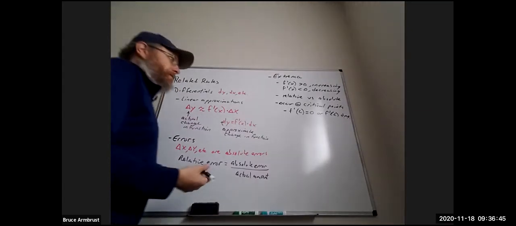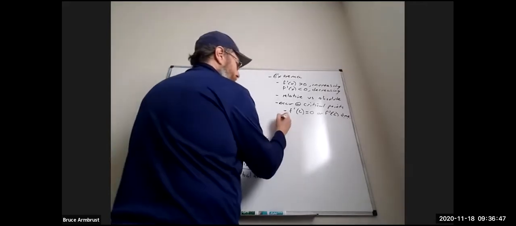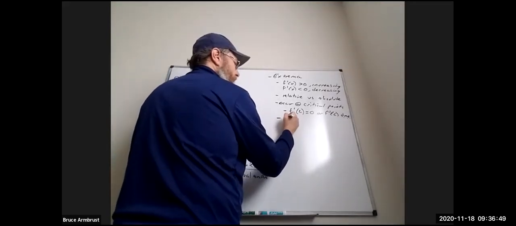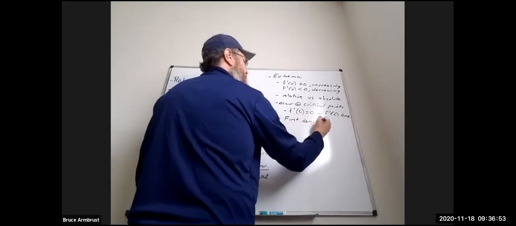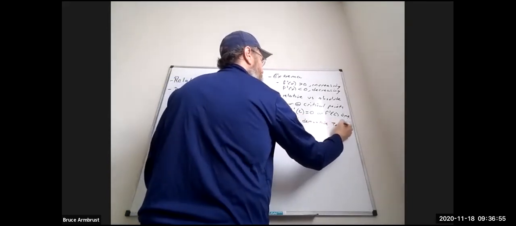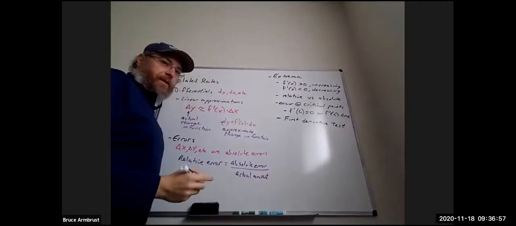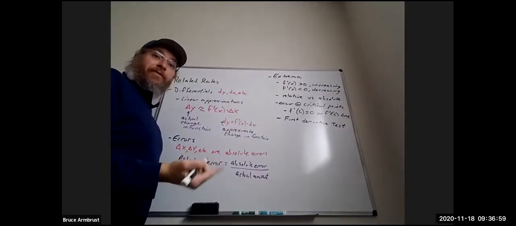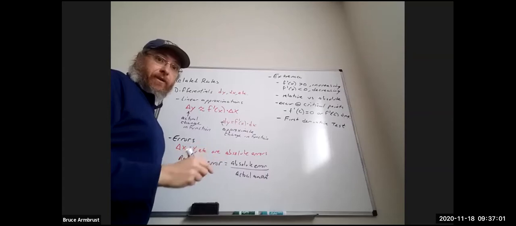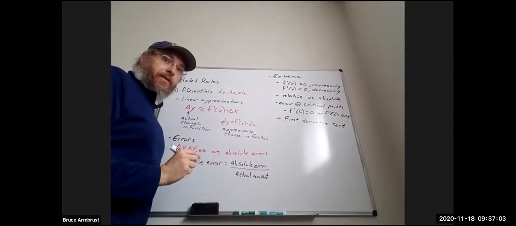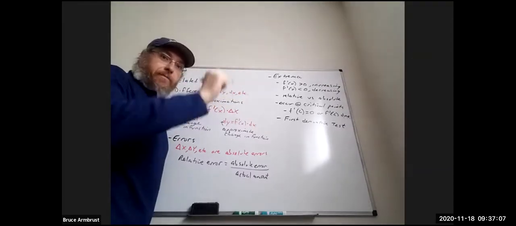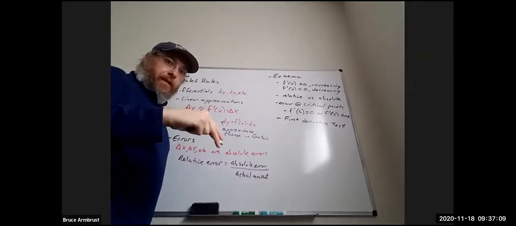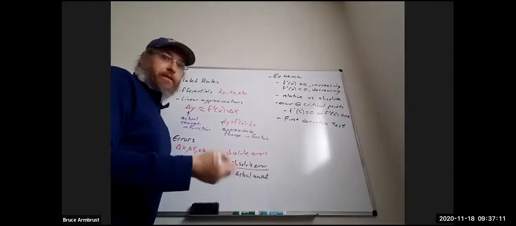And in terms of testing them, I'm just going to remind you that there's the first derivative test. That basically is just, does the derivative change from positive to negative or negative to positive? That's how you can tell if it's a max or min. If it goes from increasing to decreasing, it's a maximum. If it goes from decreasing to increasing, it's a minimum.